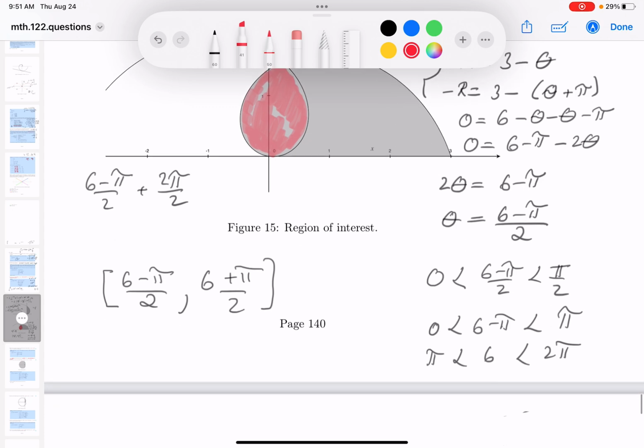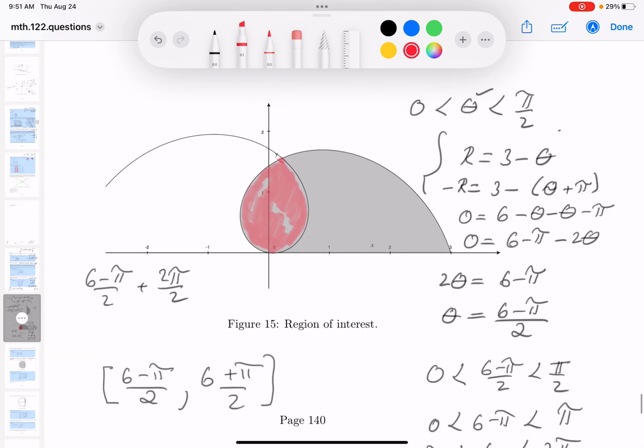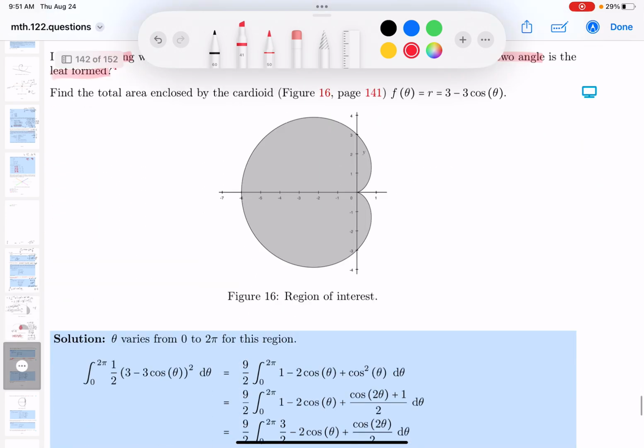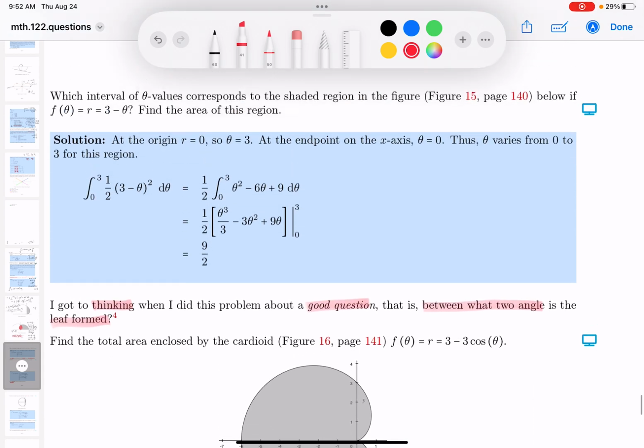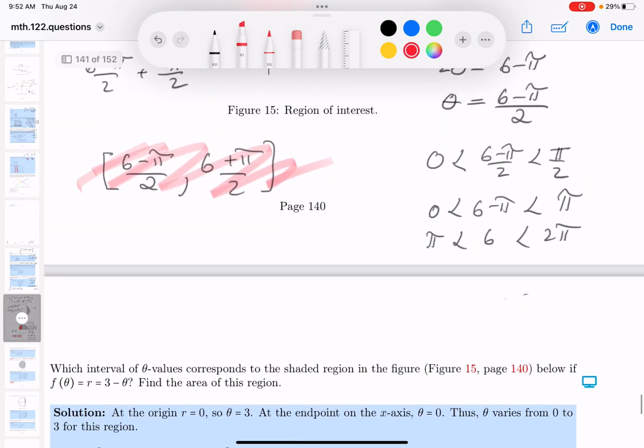Integrate the function on the interval here. Let's just check the key and see if I wrote that down for the interval. I did say it takes a bit of thinking, and I'll be honest with you, it took me some time to think through it. Sometimes I get confused when I'm thinking, but that's fine. I try to resolve it and think through what I said, premises and things like that. And 6 minus pi over 2, 6 plus pi over 2. All right, we're good to go. Thank you.